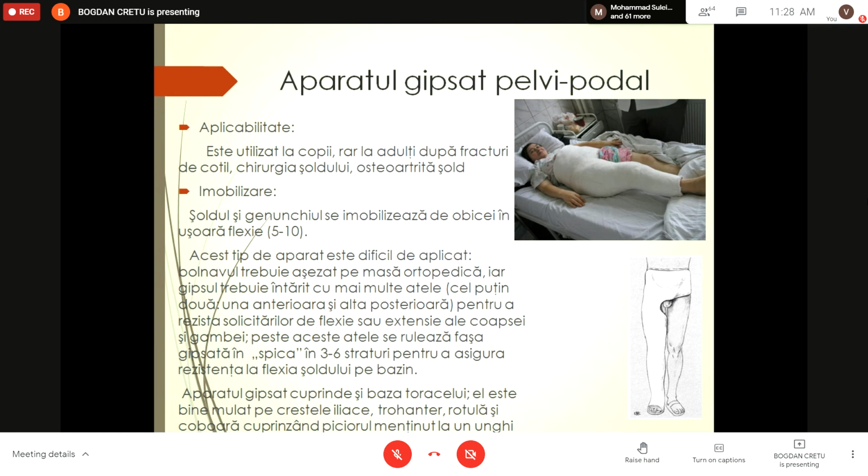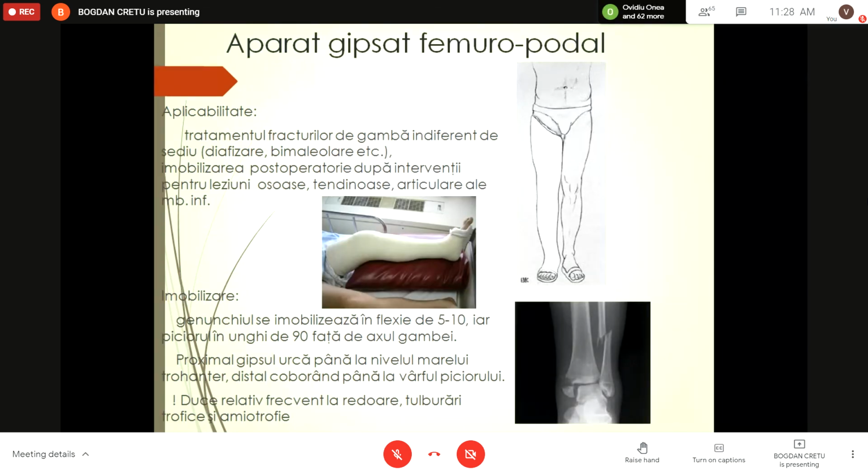We use it in children, in acetabulum fractures, after hip surgery, sometimes hip osteoarthritis. We will skip it because we do not usually use it. Rarely we use something like this.